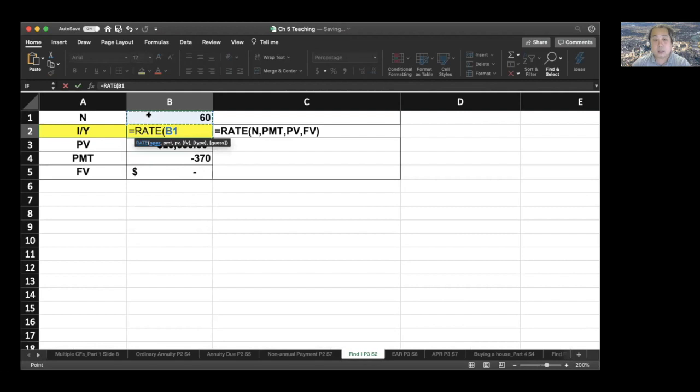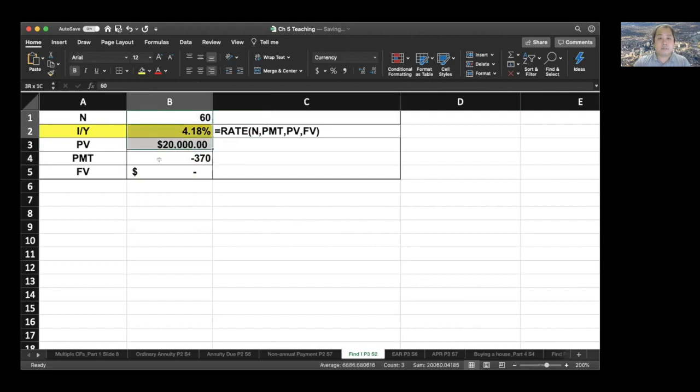Then PMT, present value, and future value. And then you actually have 0.35%, so it should be annualized 4.18%. That's the answer. You simply multiply by the number of periods per year. All right.